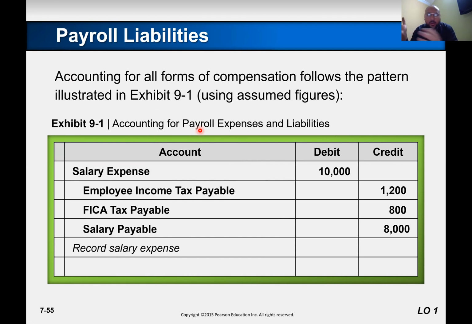FICA tax payable, which is federal income tax, you have to pay on behalf of the employee, 800. And how much in cash? You will pay salary to the employees, only 8,000. So the employee will receive 8,000 cash as a salary, but not received yet. In addition to 8,000, this additional 2,000 is the employee income tax and federal income tax, right?